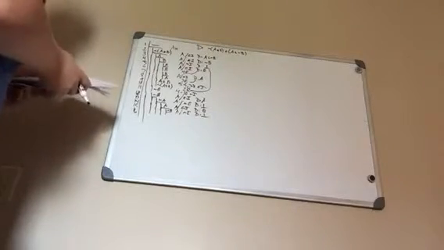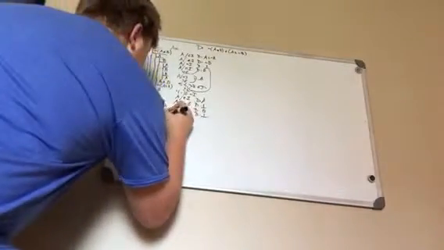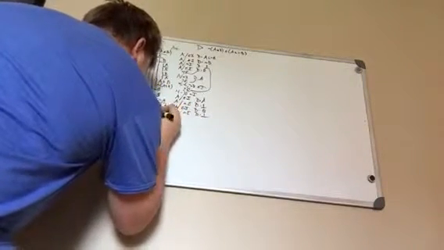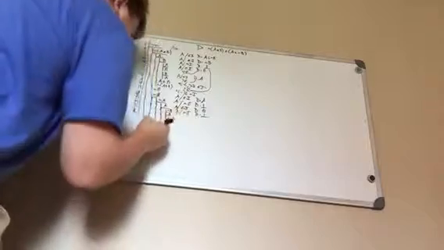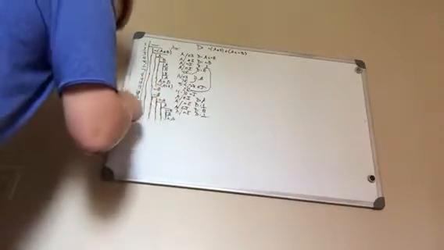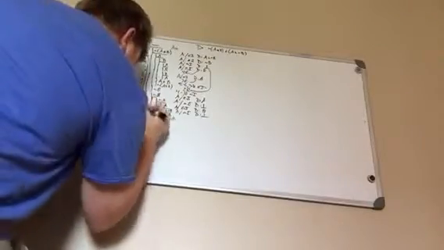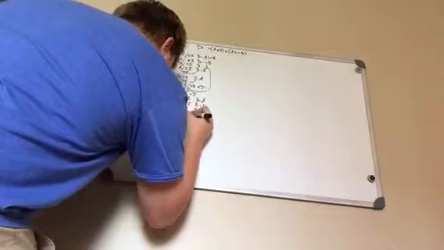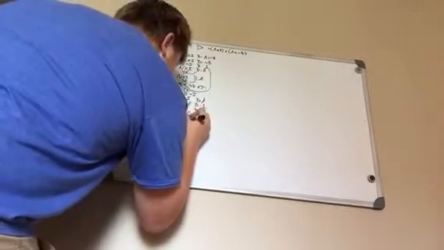Let's see here, tilde B. We have the contradiction, so we have A, and we have tilde A. We have A from line 14, reiteration. We have tilde A from line 13, reiteration.